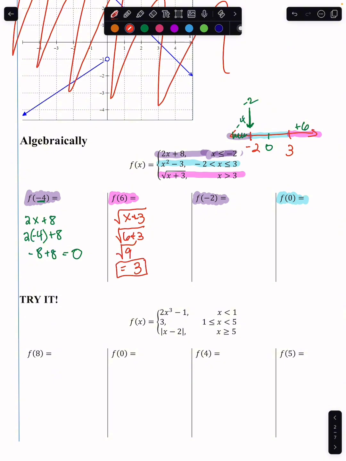Okay, now I'm going to plug -2 into my purple equation. And my purple equation is 2x plus 8. I'm going to plug in 2 times -2 plus 8. That's -4, plus 8 is +4.